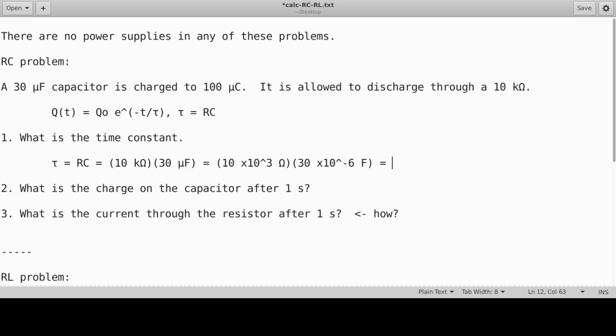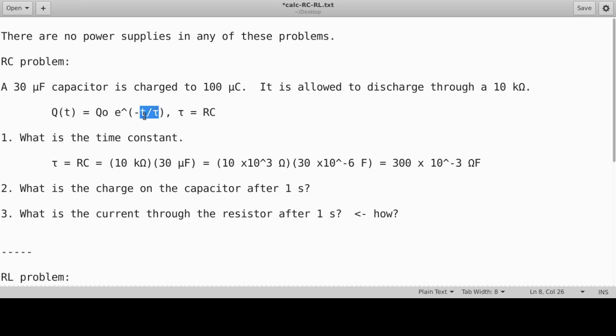All right, and what's that going to equal? It's going to equal 10 times 30 is 300 times 10 to the plus 3 minus 6 is minus 3, like that. And an ohm times a farad, what kind of a unit is that? Remarkably, it has to come out to seconds, but remarkably it's seconds.